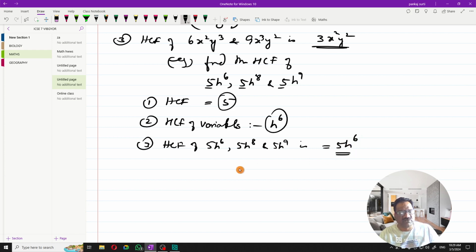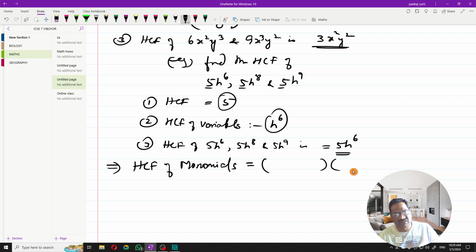So from these two examples, you can make a big statement, and that statement you have to remember lifelong. It's this: the HCF of monomials is equal to the product of two things. What are the two things?